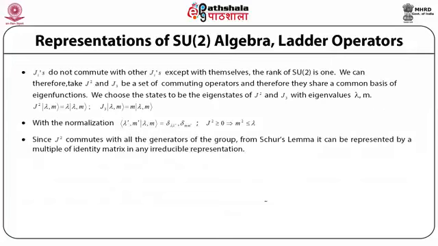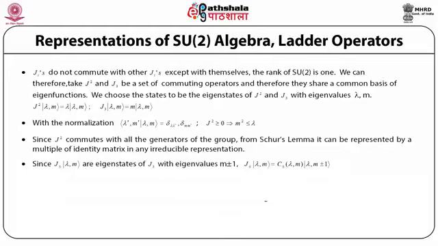Since J² commutes with all the generators of the group, then from Schur's lemma, it can be represented by a multiple of the identity matrix in any irreducible representation. So J² can be represented by an identity matrix.